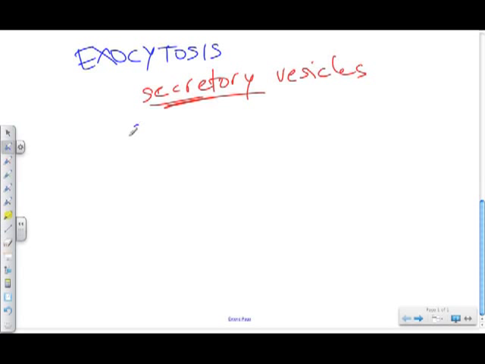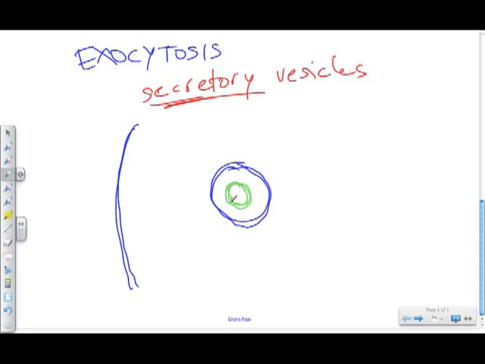So here's our cell membrane, and just like in phagocytosis, but now we are making our way outside. We are trying to bring out some kind of particle, let's say something like this, and it's trying to leave.